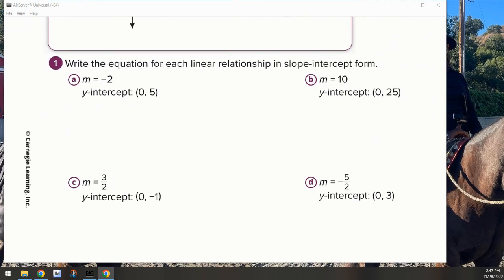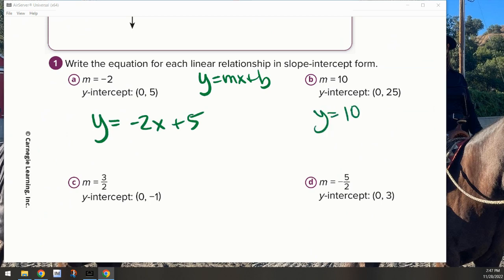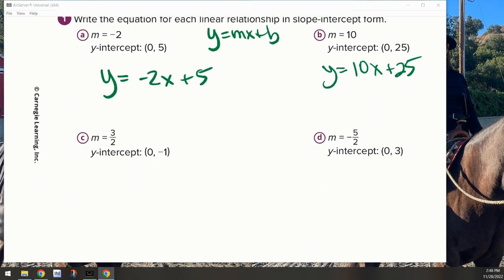We're just going to come down here. We're going to remember it's y equals mx plus b, and all we do is replace the m and replace the b. So y equals -2x plus 5. Y equals 10x plus 25. Y equals 3 over 2x minus 1.